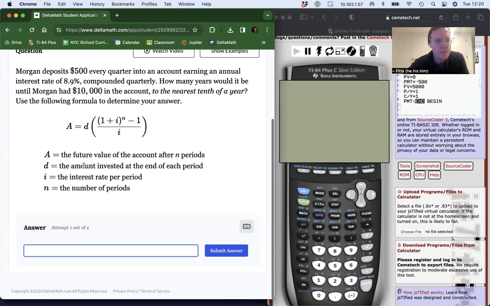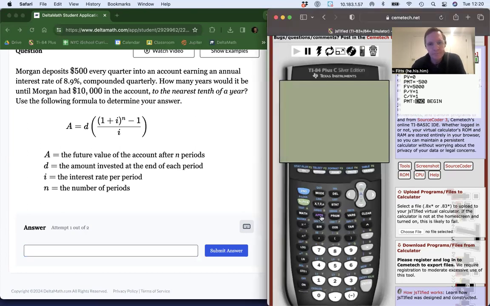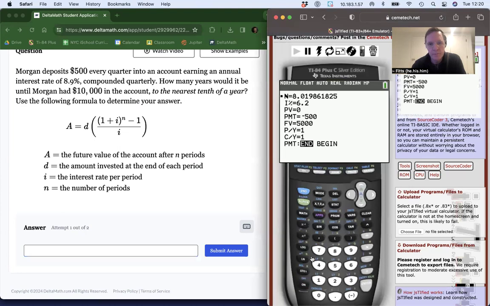Okay, so finding time of investment. Morgan deposits 500 every quarter into an account earning an annual interest rate of 8.9% compounded quarterly. How many years would it be until Morgan had $10,000 in the account? So I turn my calculator on. They're depositing $500 quarterly at 8.9%. So I put 8.9 in the interest rate.